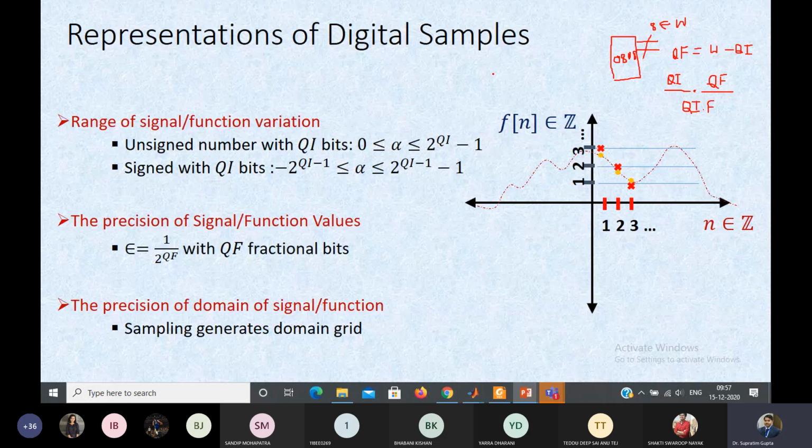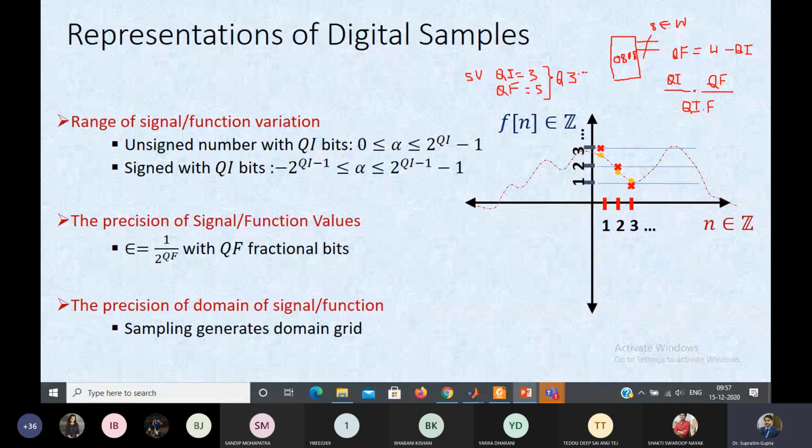Now for the 5 volt, we need QI to be 3 bits, and since we have 8 bits, QF would be 8 minus 3, so 5, and so we call this representation Q3.5 format.